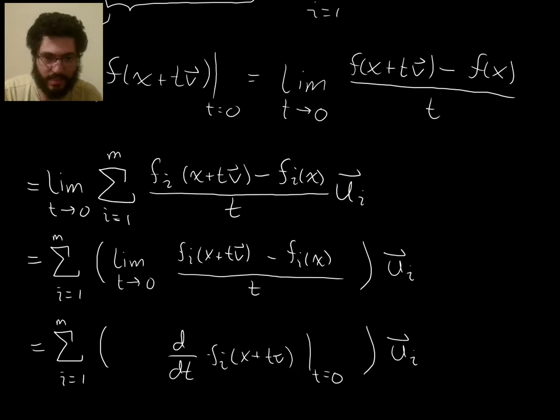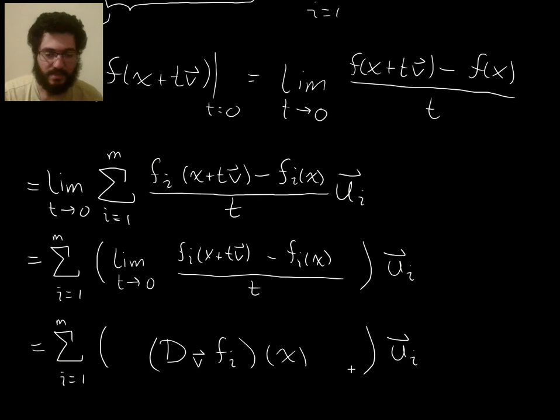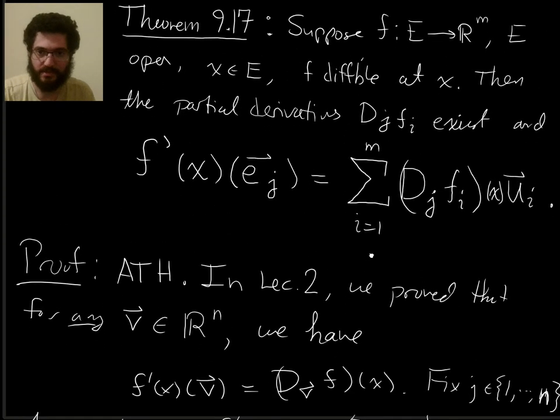But we have another way of saying that. It is D_v, the directional derivative in the v direction, of the function f_i evaluated at x. And that's what was needed. So that finishes the proof. And I forgot what we were even proving. Ah, right.